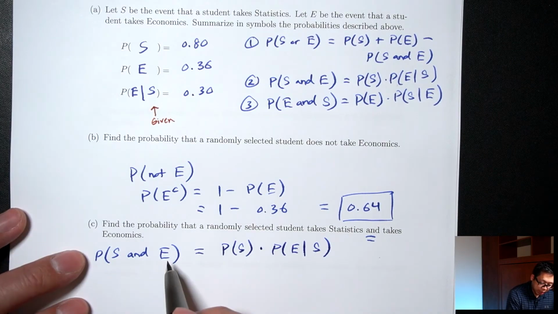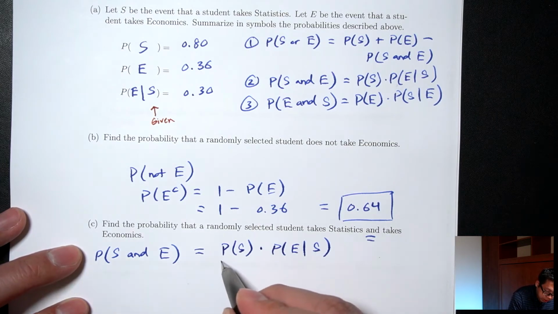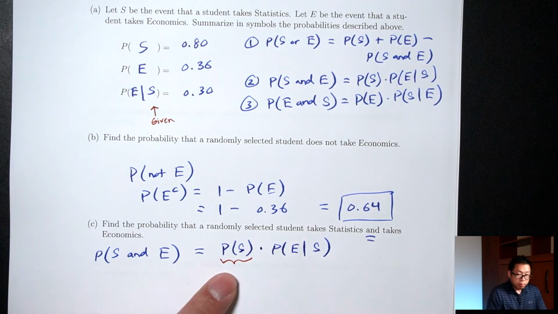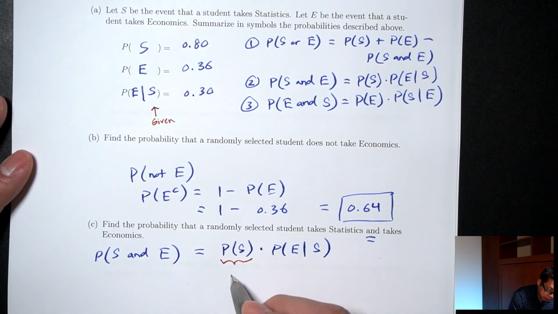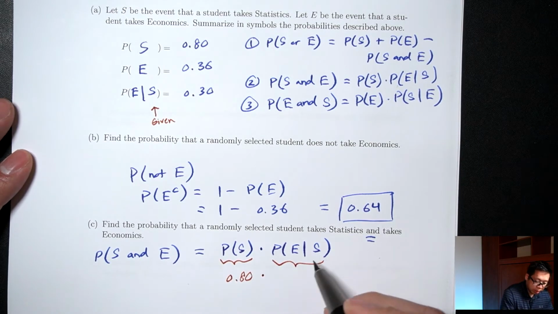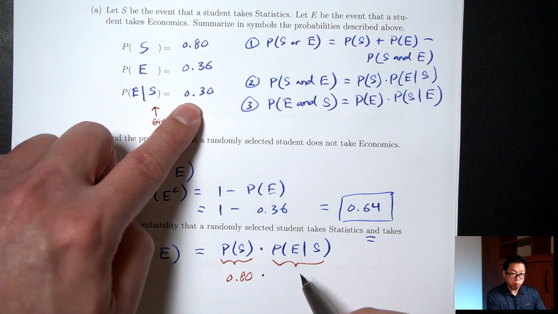Left side, S and E, that's actually what I'm looking for, so I don't need to do anything there. Right side, P of S, 0.80, times E given S. Probability of E given S, that whole thing is going to be 0.30.